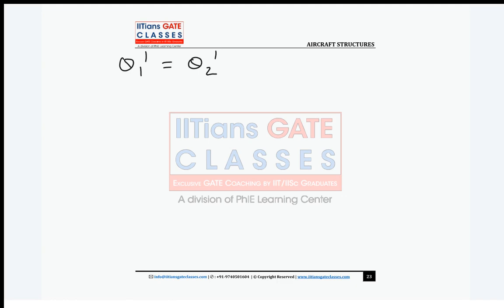We have written it earlier, right. Theta dash is 1 upon 2AG integration q ds by t. Is this formula correct? Yes or no?